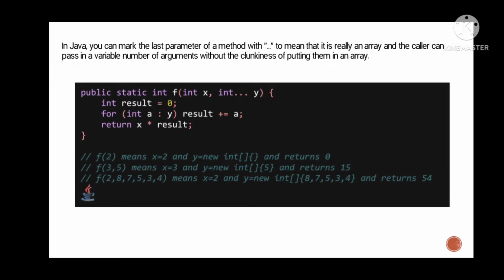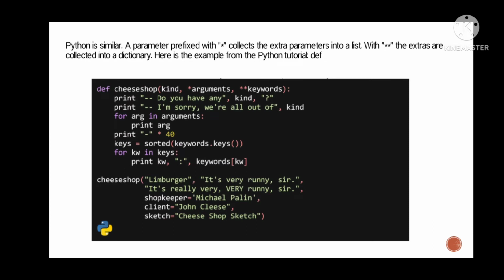In Java, you can mark the last parameter of a method with an ellipsis like this to mean that it is really an array, and the caller can pass in a variable number of arguments without the clunkiness of putting them in an array. Python is similar.